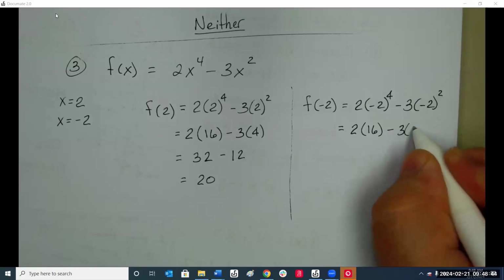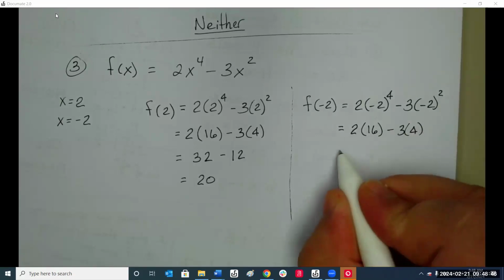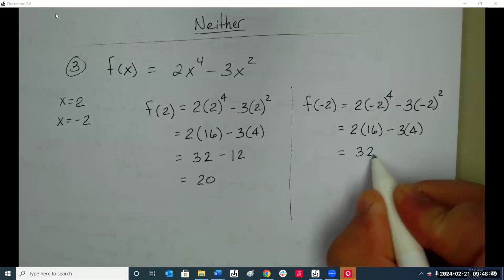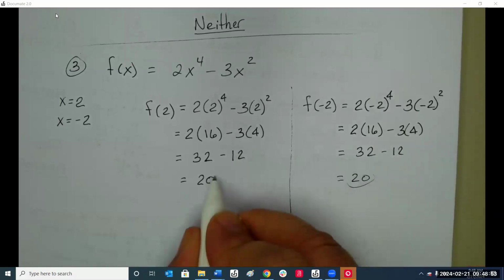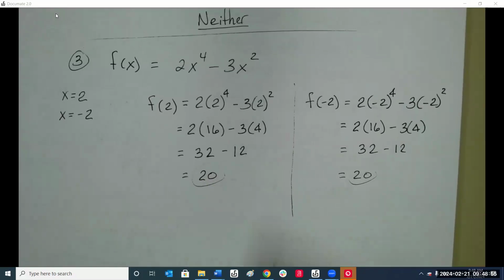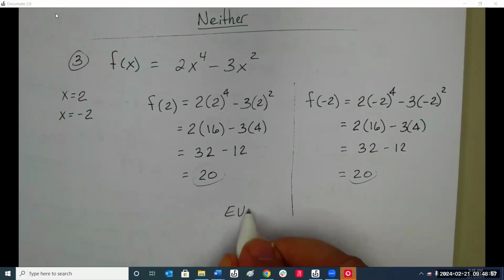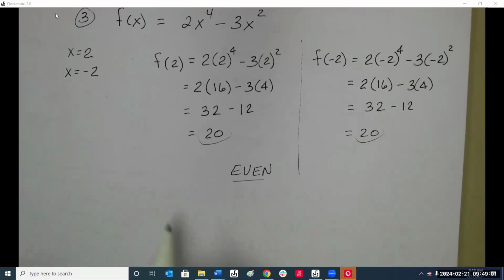Negative 2 squared, positive 4. 32 minus 12 is 20. They're both the same, so it's what? Even. They're the same number and same signs, so it's even.